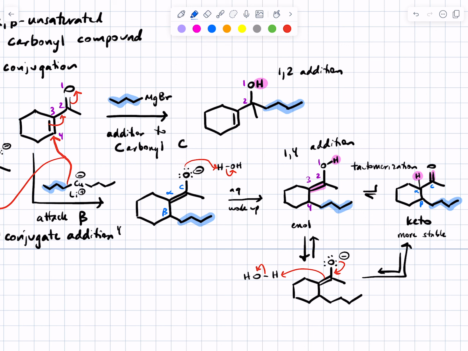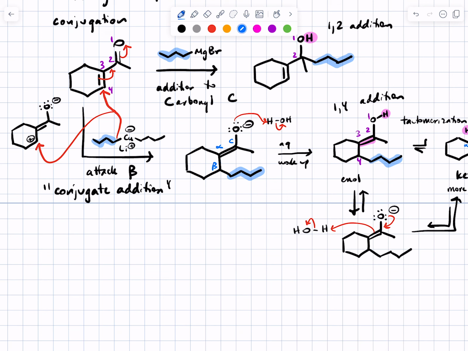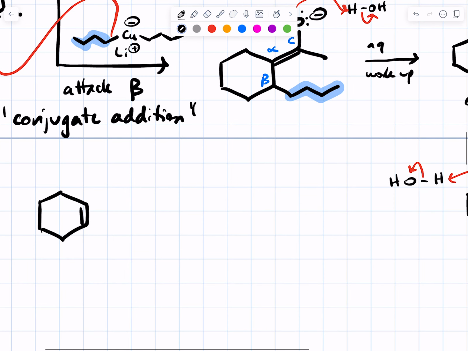Yeah? In the book, one way that it shows the reaction with the cuprate is that the electrons would go straight from the bond in the cuprate to the beta carbon, and then the electrons from that pi bond will just hop over to the other end, like to the next carbon, and put a negative charge on. Yep, that is what you will see. That option that you've described, which I'll just draw briefly here, is a resonance structure version of what I've drawn above.